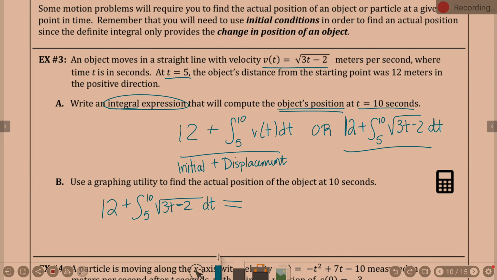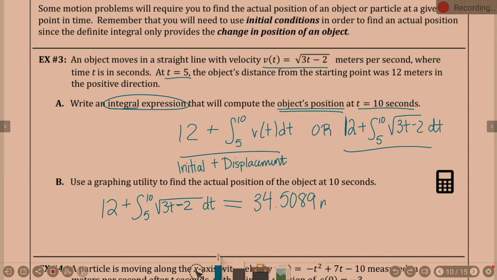And what do you get? 34.5. Oh no. I have written down 34.5089. If we have a label, that would be meters. Okay.